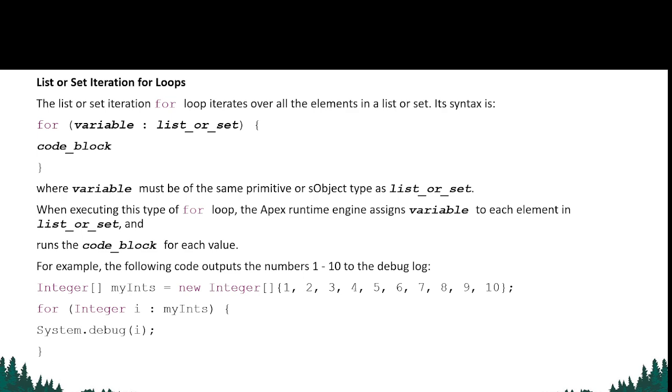Because we are talking about the list, the list name is myInts. In myInts I am saving the values 1 to 10. Then I am getting the integer i from the list myInts, and then we are using System.debug to generate those values.